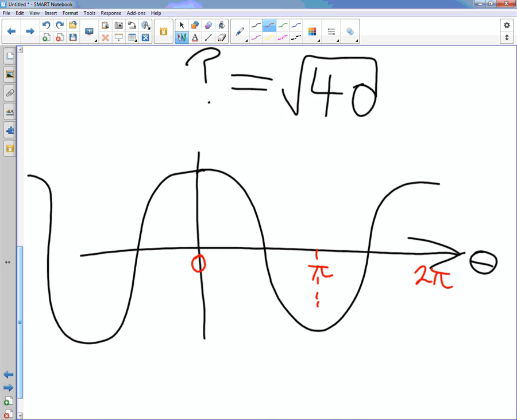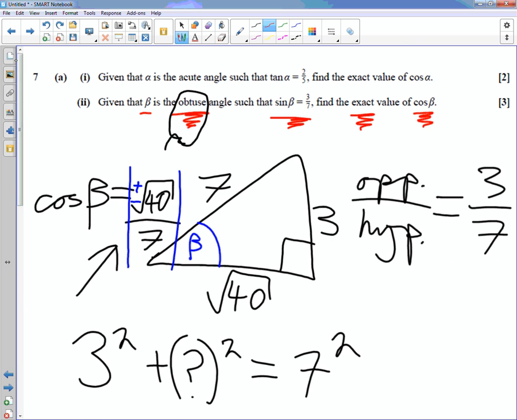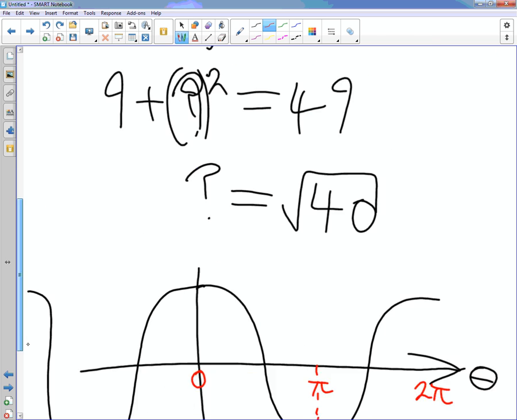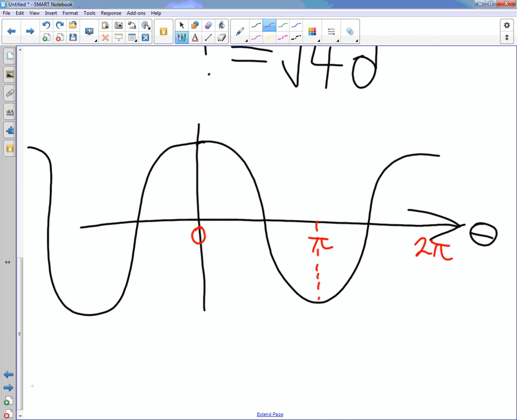Pi is there. Now, the question is talking about an obtuse angle. You've got to remember that an obtuse angle is anything between 90 degrees and 180 degrees. Notice how all of these values here would be negative values of cos theta.